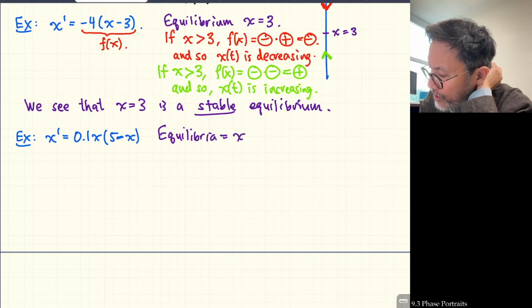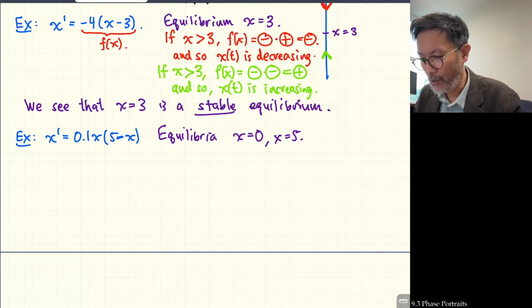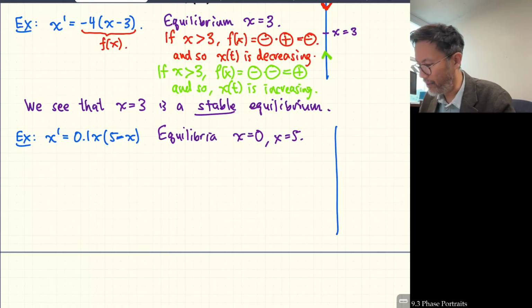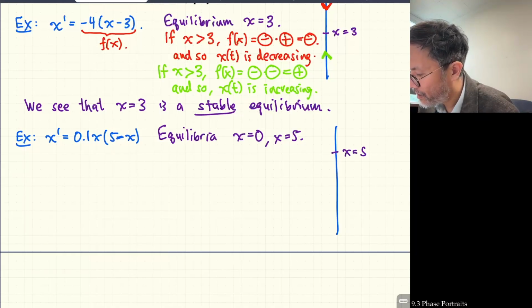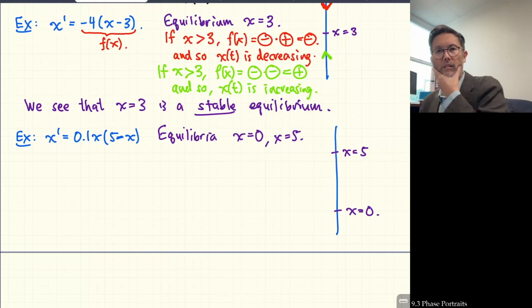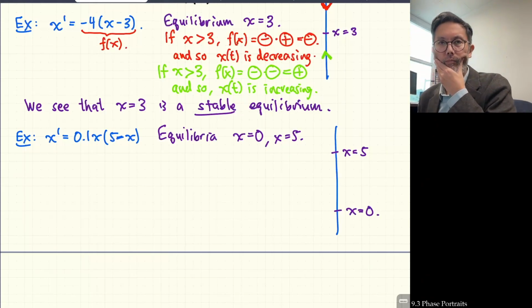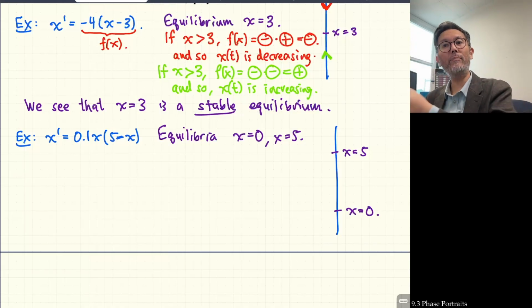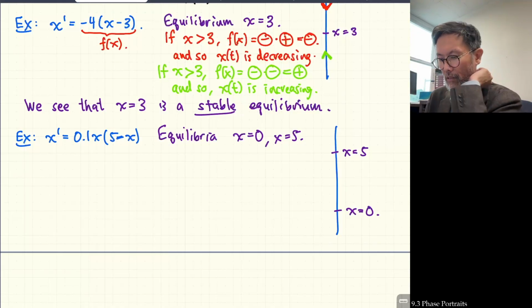We have x equal to 0 and x equal to 5. So we're going to denote this with a pair of labeled places. x equal to 5, let's pretend, is up here, and x equal to 0, let's pretend, is down there. Okay. What's happening in between is the question.